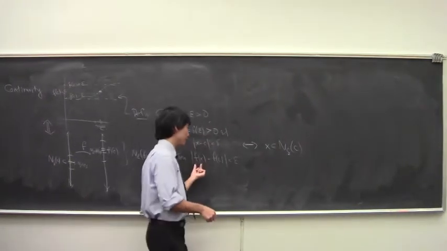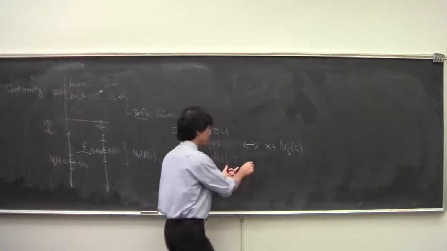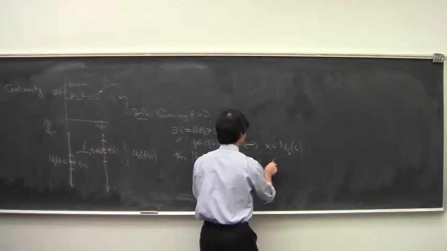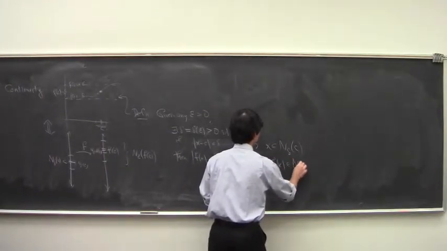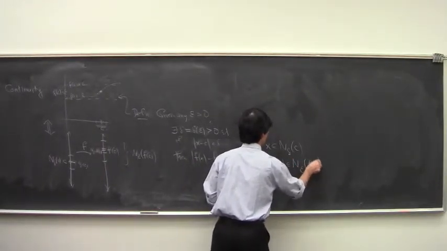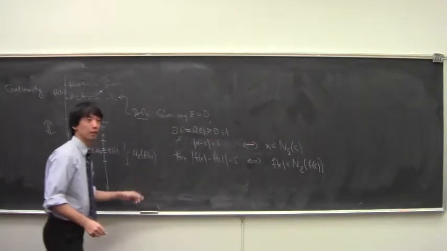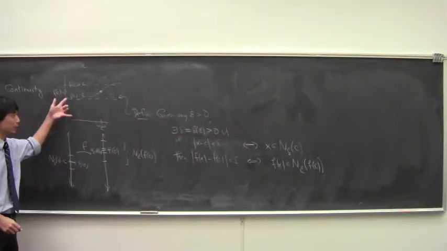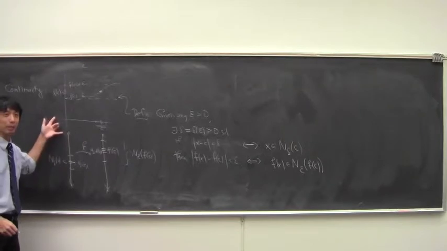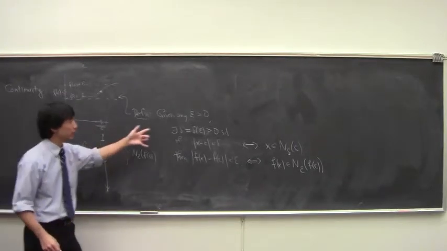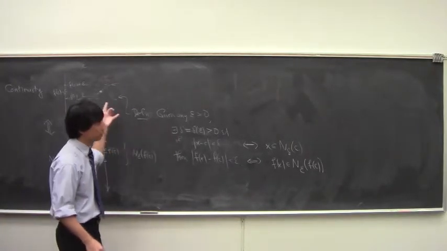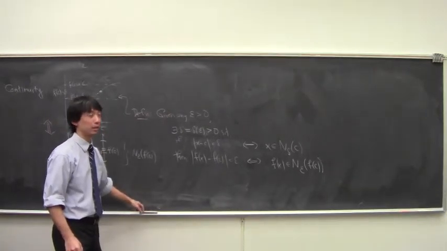To say |f(x) - f(c)| < epsilon is the same thing as saying that f(x) lies in the epsilon neighborhood of f(c). So the upper picture and the lower picture are exactly the same thing. You can use this definition to talk about either one.